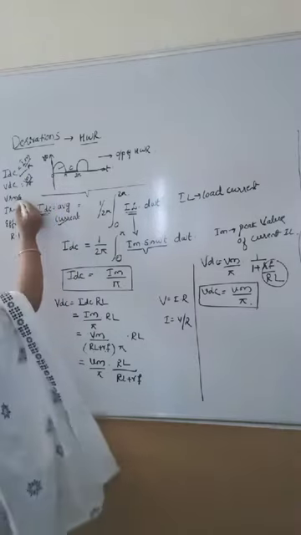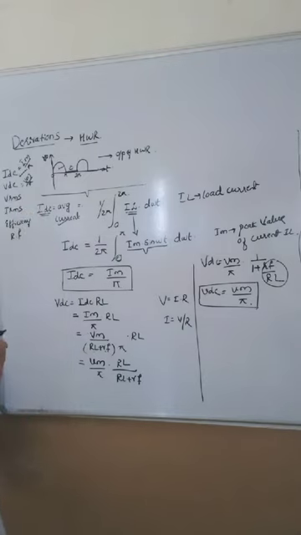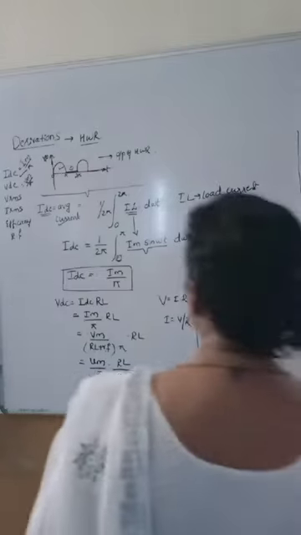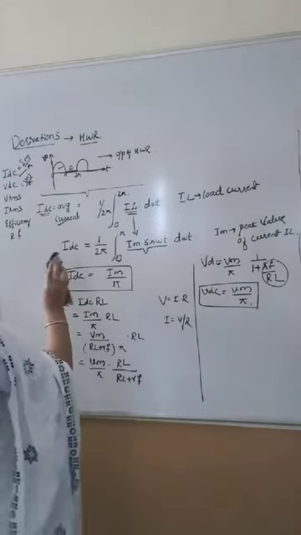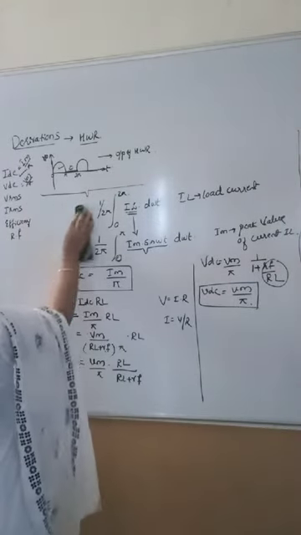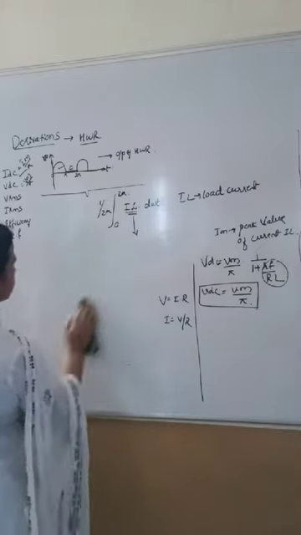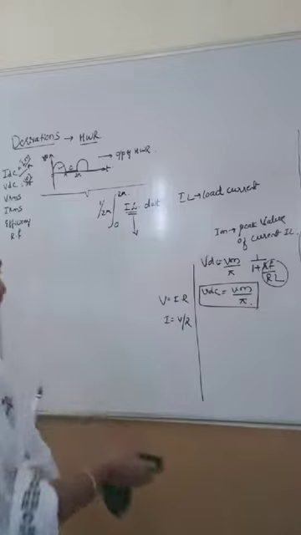Next I should go for Vrms and Irms value. Vrms and Irms value means the root mean square value. Root mean square value means the root of the mean of the square of this value.